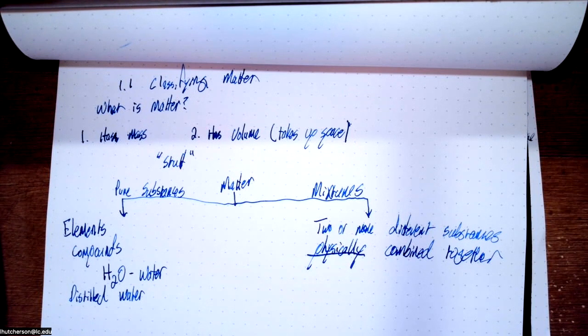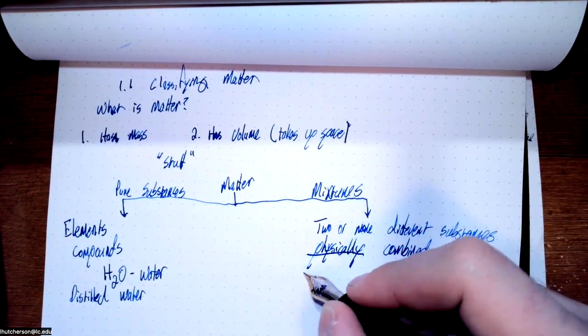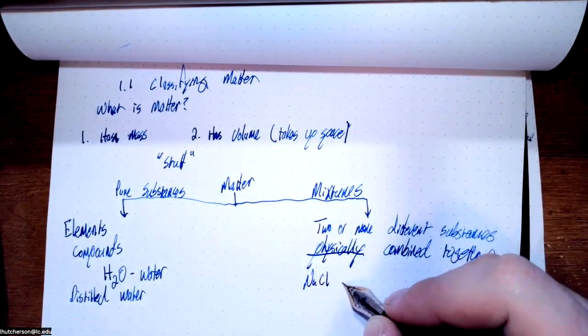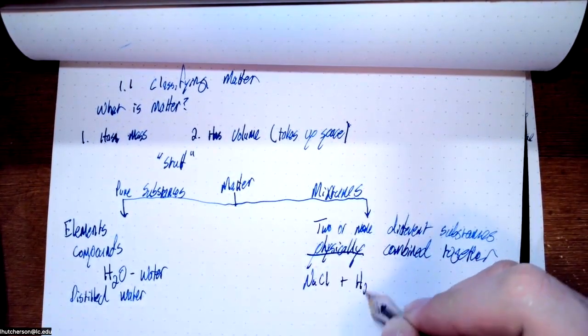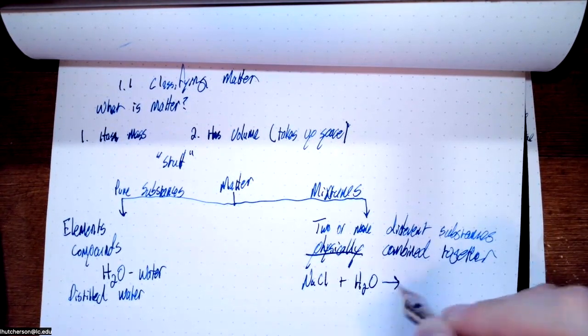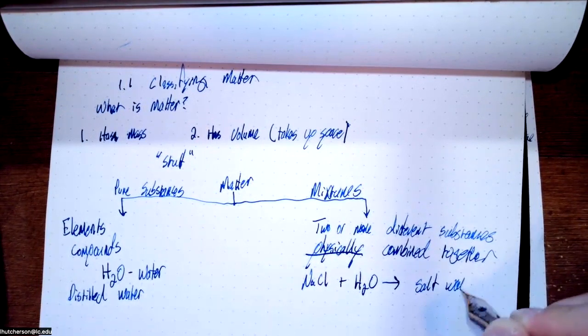So really common one, really good example of a mixture that we could make is I can take salt, table salt, sodium chloride, NaCl, and I can dissolve it in water. When I do that, I get a mixture that I call salt water.